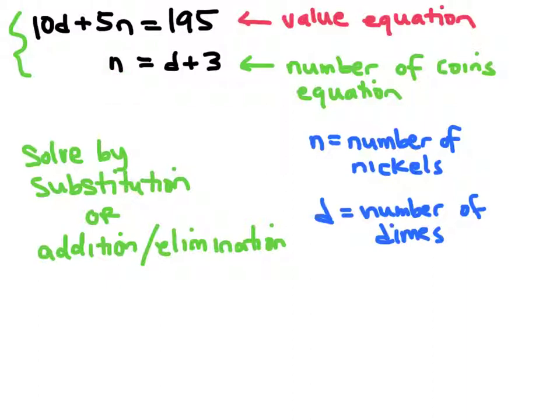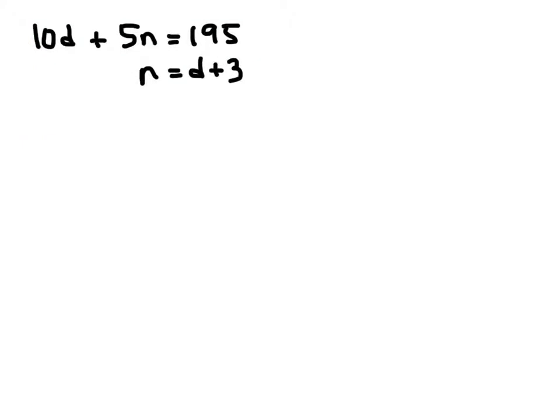So that would probably indicate that the substitution method would be the fastest way to go. So I'm going to attempt to do that in a moment. So noticing the second equation is already solved for n, I'm going to take that second equation, and wherever we see n in the first equation, I will plug in d plus 3.